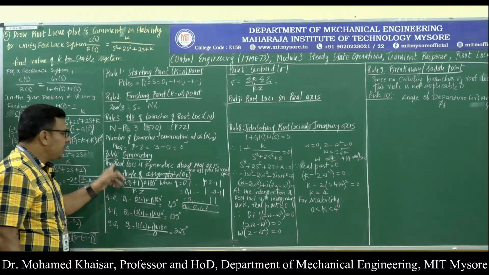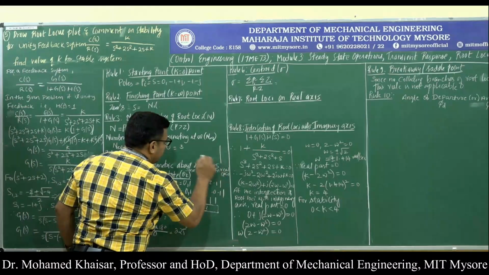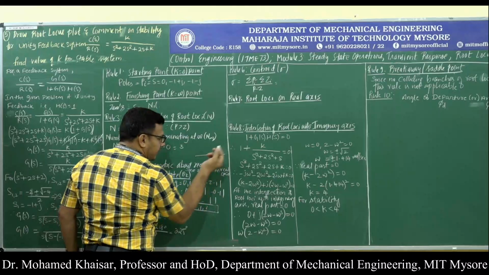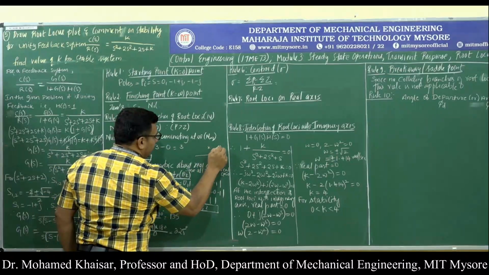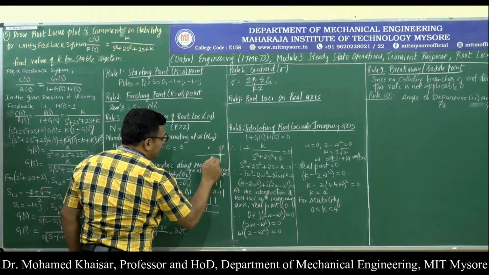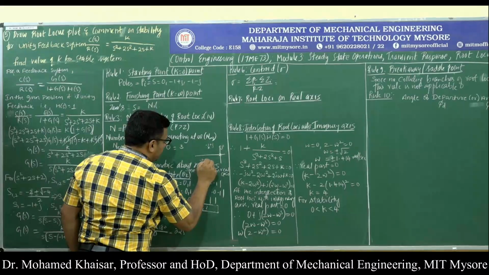Symmetry: the root loci is symmetric about the real axis. Is it true? Let us see here. If this is the s plane, one pole is at 0, one pole is at minus 1 plus j, and the other pole is at minus 1 minus j.